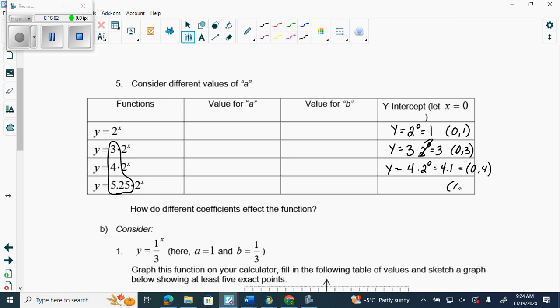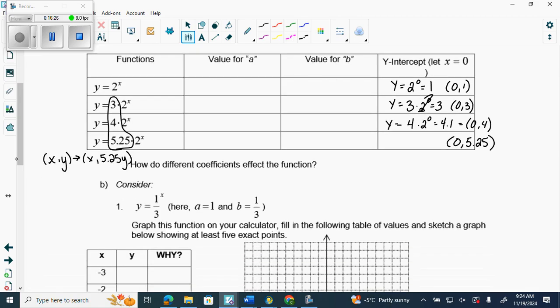We could use transformations as well to get these. Do we agree? Because your vertical stretch is going to change your y-intercept. Your mapping, for example, on this one is going to be (x, y) becomes (x, 5.25y), right?